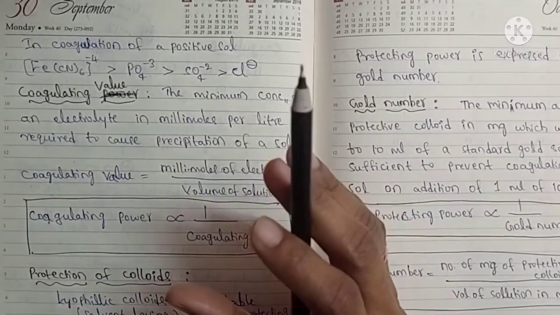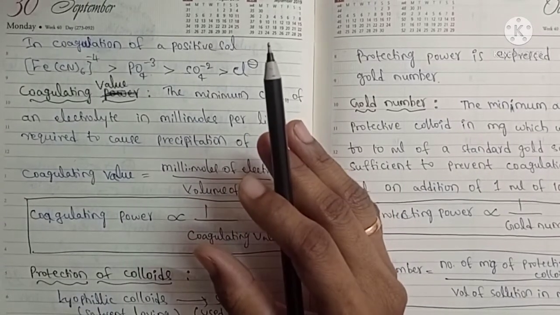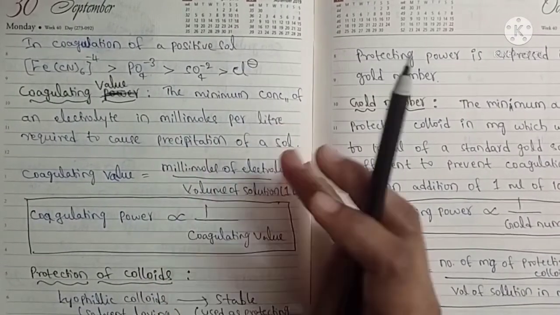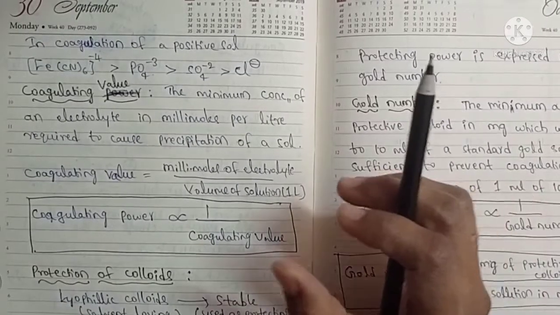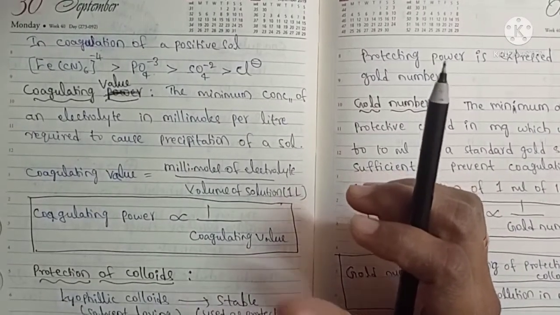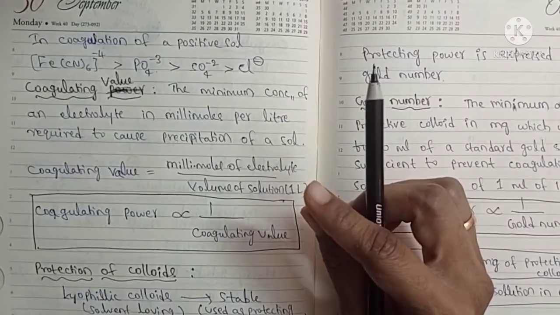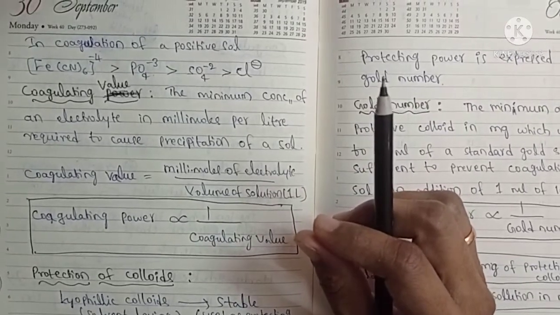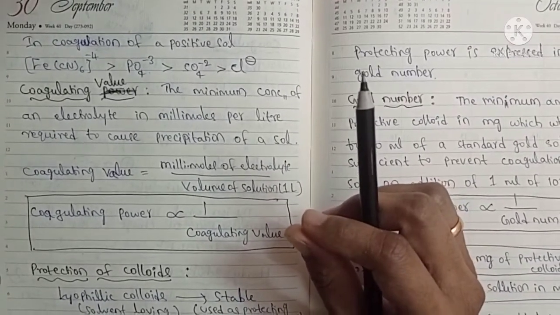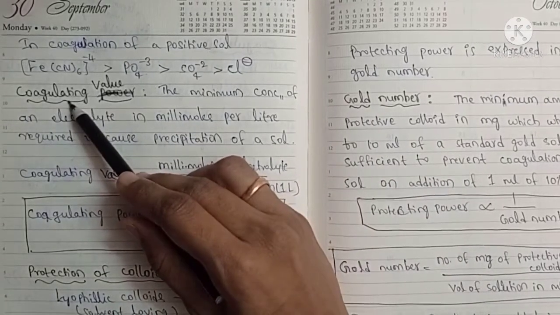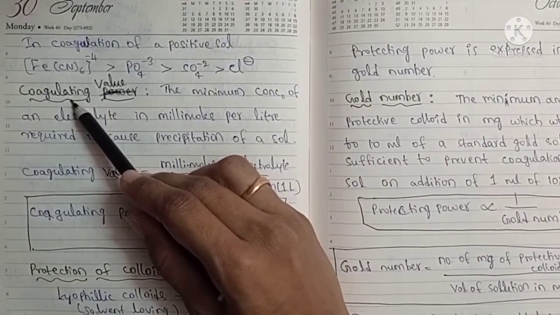For example, taking one liter of colloidal solution, the amount of electrolyte in millimoles needed for coagulation is called the coagulating value of that coagulating ion.